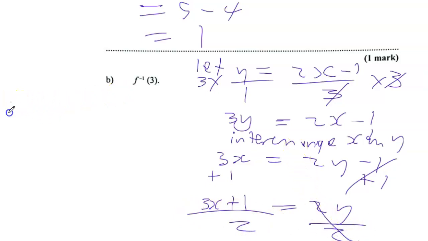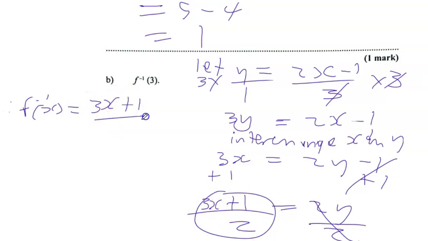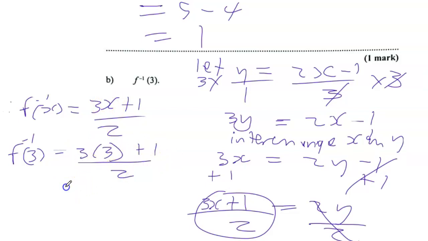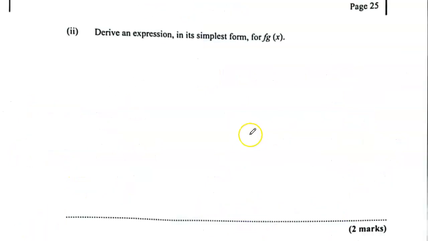So therefore, f inverse x is 3x plus 1 over 2. Which means that f inverse 3, replace x with 3, so that's 3 times 3 plus 1 over 2. 3 times 3, that's 9. 9 and 1, 10. 10 divided by 2, that's 5. So f inverse 3 is positive 5.